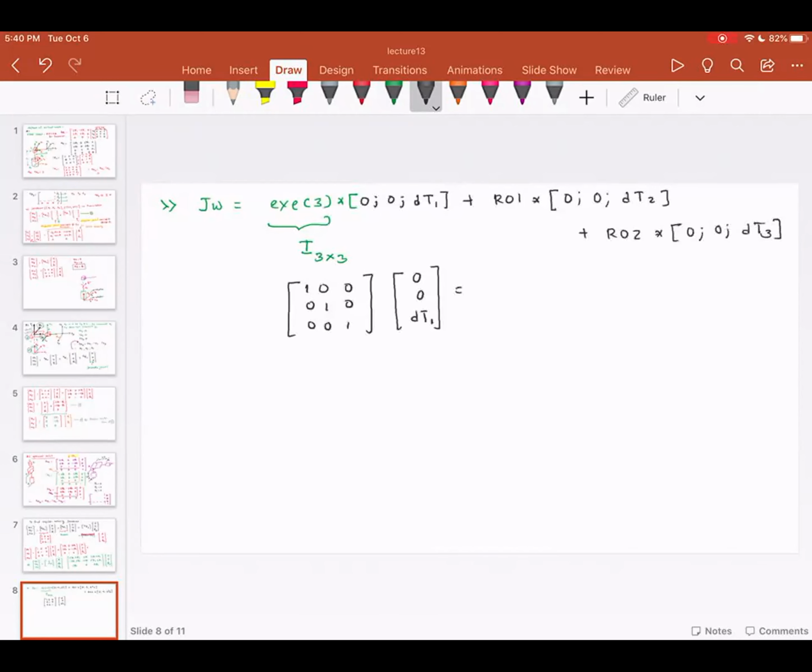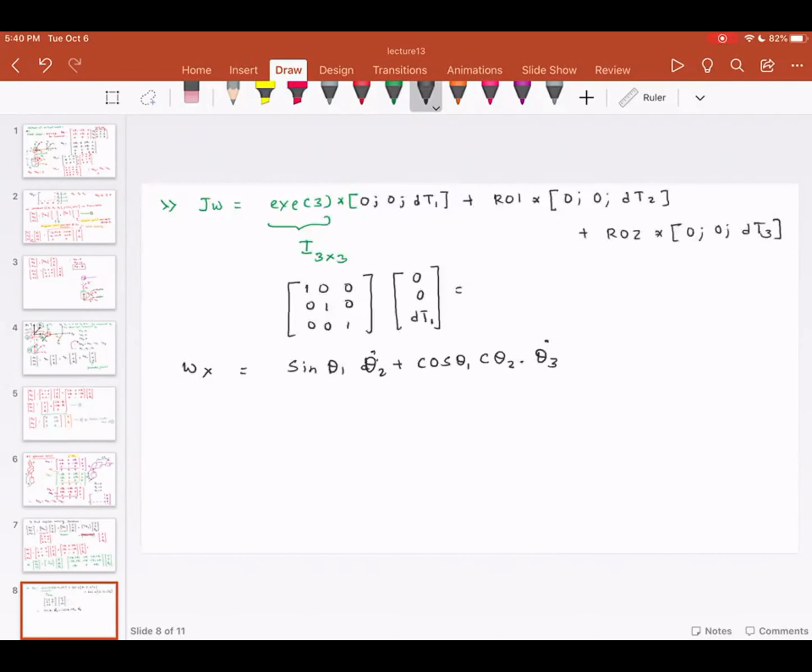And once I am done with all that, it gives me the answer: omega x is sine theta 1 dt2, which is theta 2 dot, plus cosine theta 1 cosine theta 2 theta 3 dot.